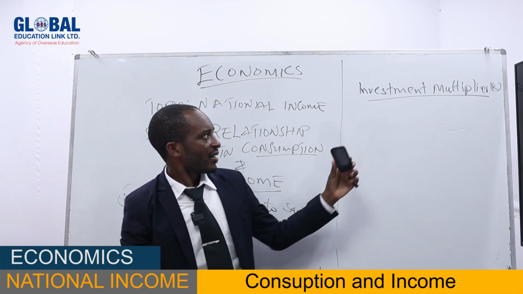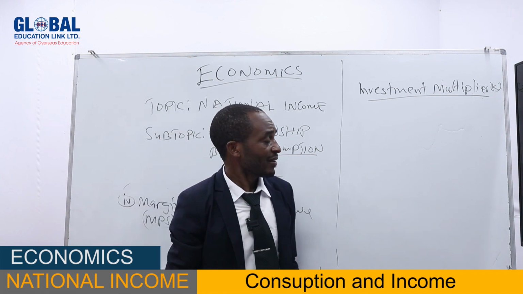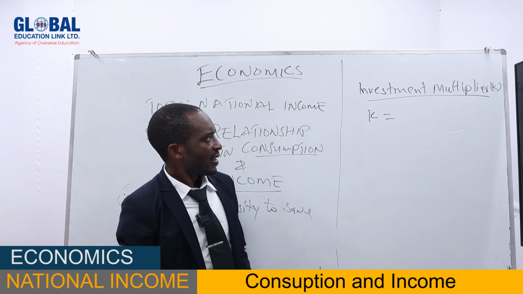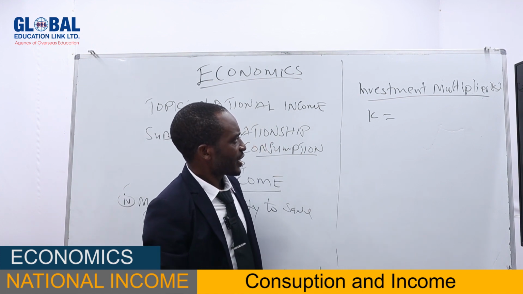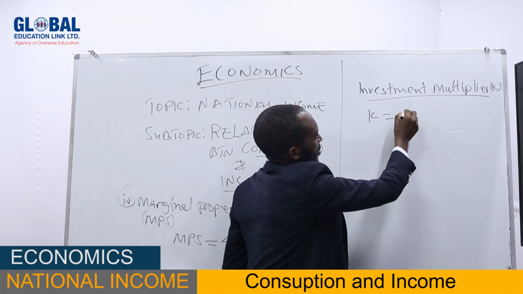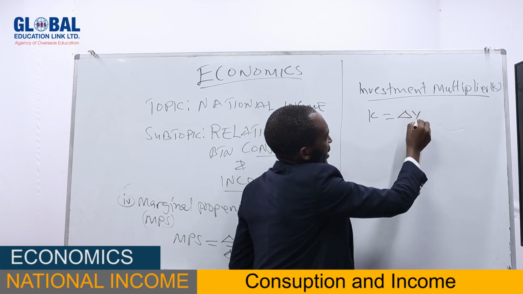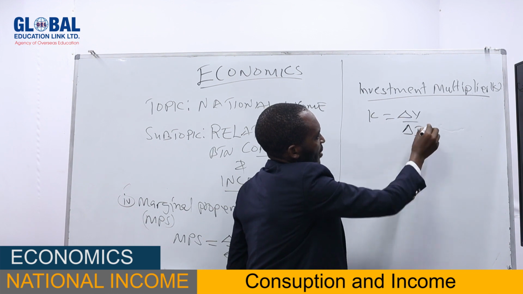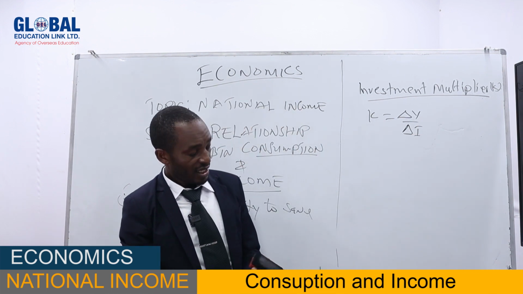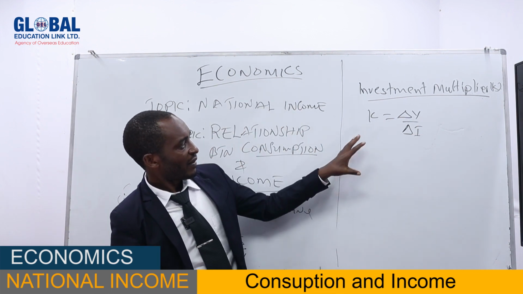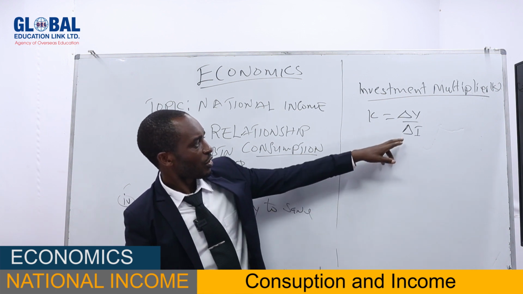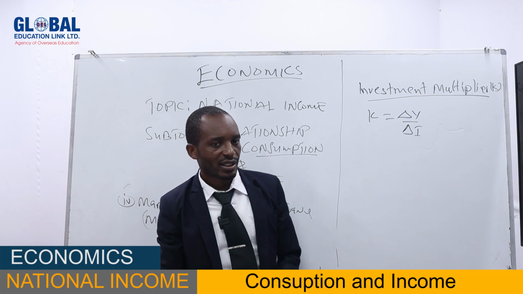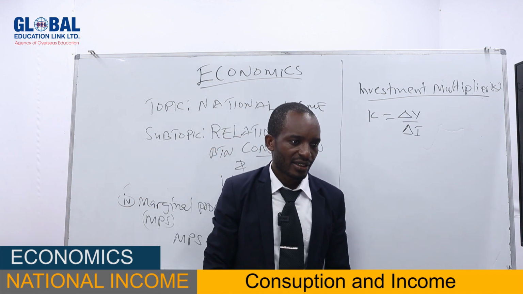Investment multiplier, which is k, is the ratio between change in income as a result of change in investment. So the investment multiplier takes the ratio between change in income and change in investment.